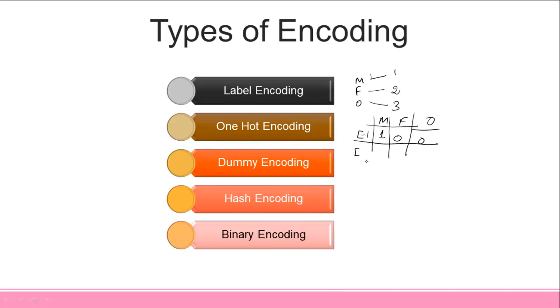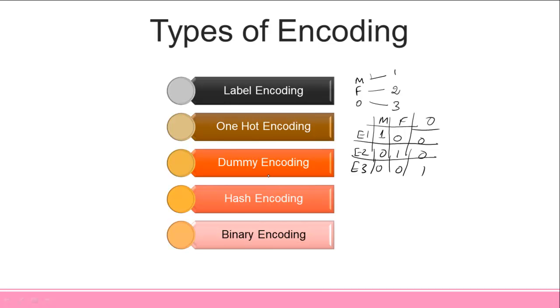If the second person is female, it will have 0, 1, 0. If the third person is not a male or a female, I'll be writing 0, 0, 1. This is what we call one-hot encoding. So in one-hot encoding, the number of columns created is as per the number of different values you have in the category or the feature.